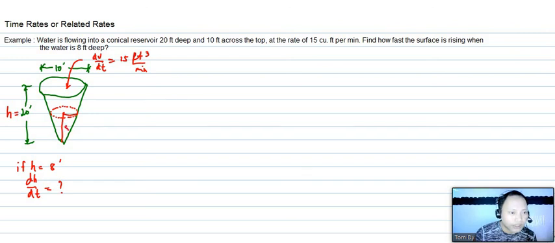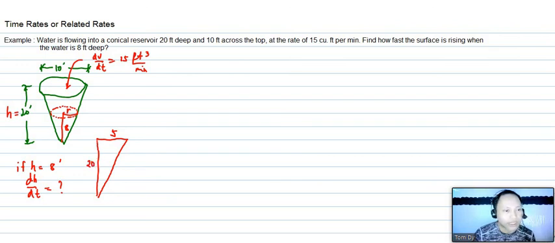So this is 8. And then we do not have a value here, so we will write r as the radius. If height is 8, what will be r? Take note of this triangle. I will write here a triangle because we will make use of this in our solution. If this is 10 divided by 2, that is 5, and this one, height, is 20.